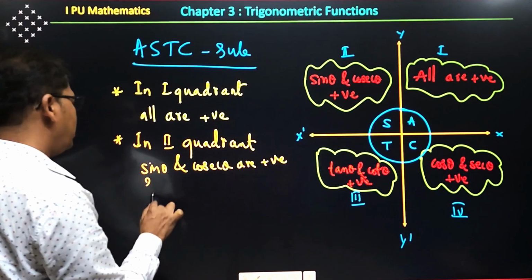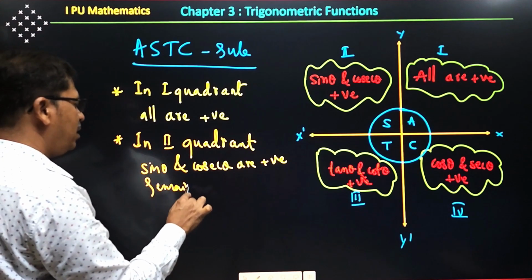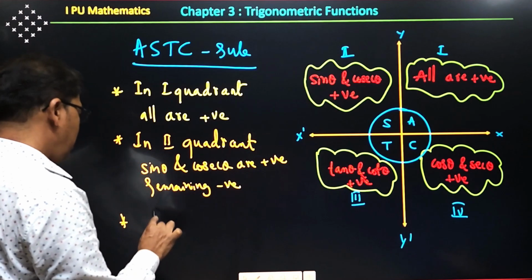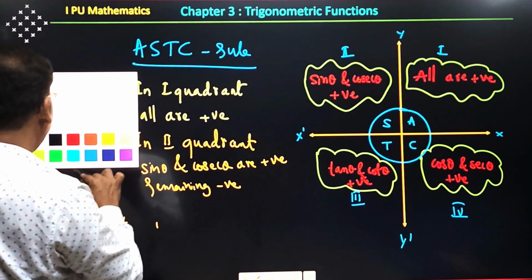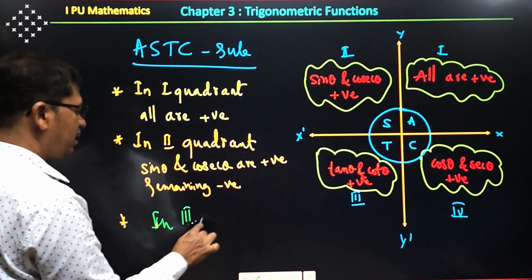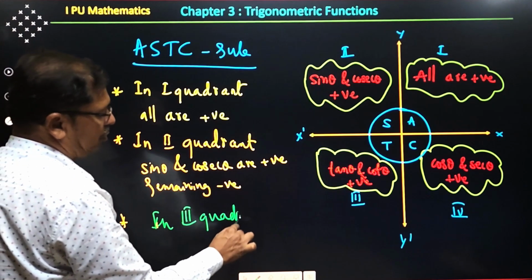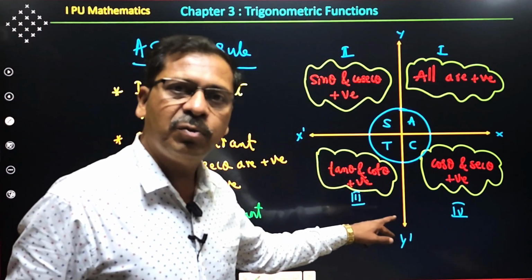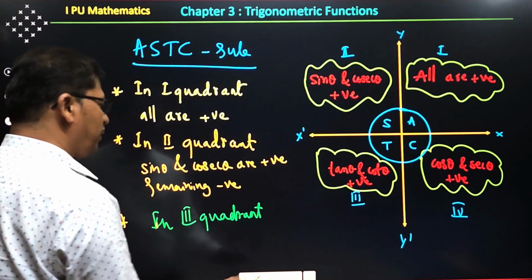Remaining negative. Next, in the third quadrant, see, tan theta and cot theta are positive, remaining negative.